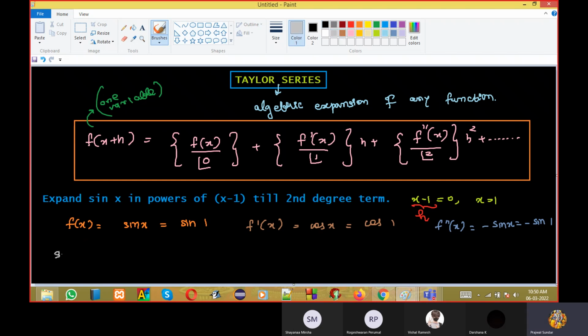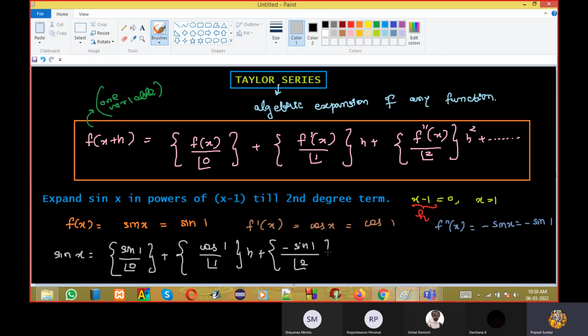How will you expand? Sin x will be f of x, sin 1 by 0 factorial. Write fully. Plus f dash x, which is cos 1, cos 1 by 1 factorial into h. Plus minus sin 1 by 2 factorial into h squared. That's it.